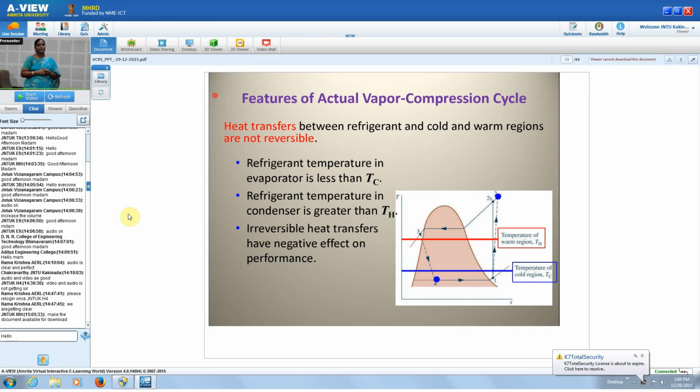The refrigerant temperature in the evaporator is always less than Tc, the required temperature that is to be maintained in the evaporator. Then the refrigerant temperature in the condenser will always be greater than Th, because of polytropic compression in the compressor. And irreversible heat transfers have a negative effect on the performance.